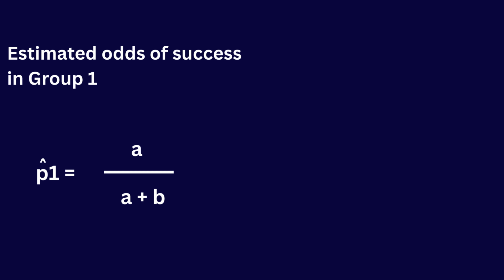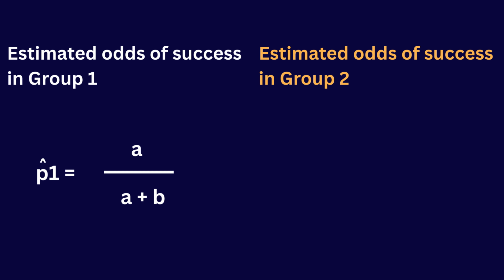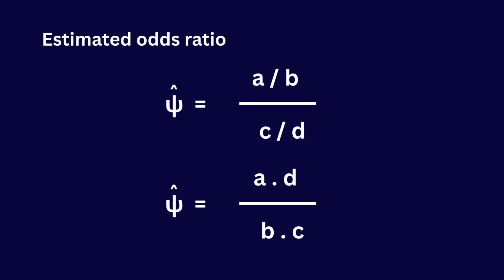So our P1 hat equals A divided by A plus B, and in group 2, P2 hat equals C divided by C plus D. So the estimated odds ratio is psi hat equals A multiplied by D divided by B multiplied by C. This shortcut method is based on the cross product of the table.